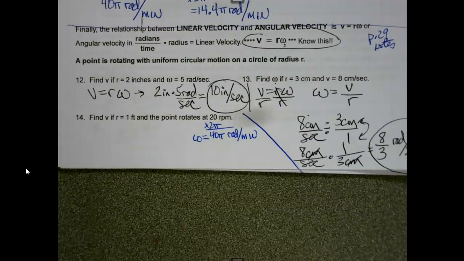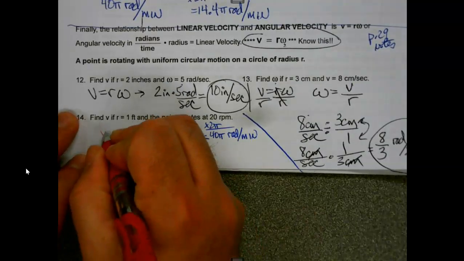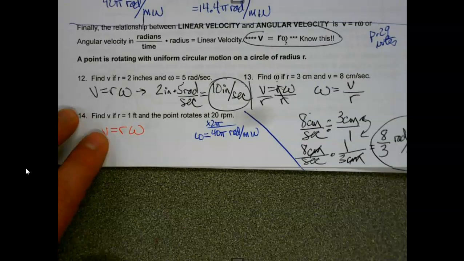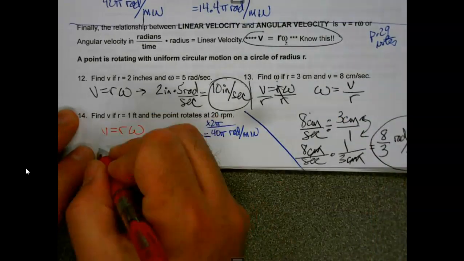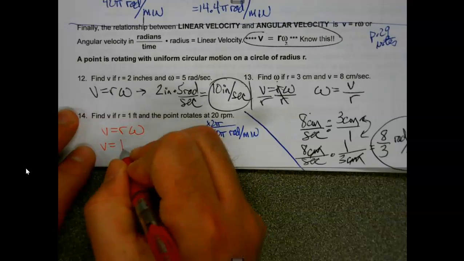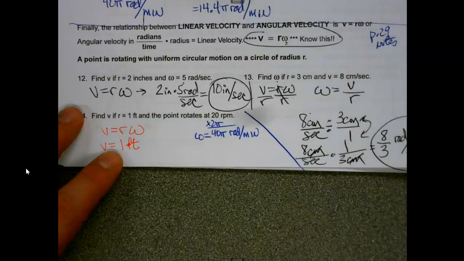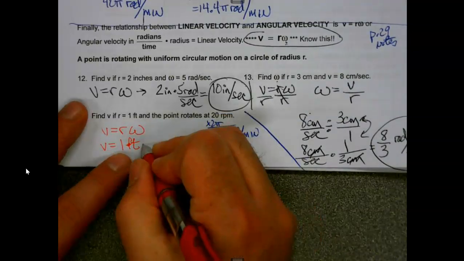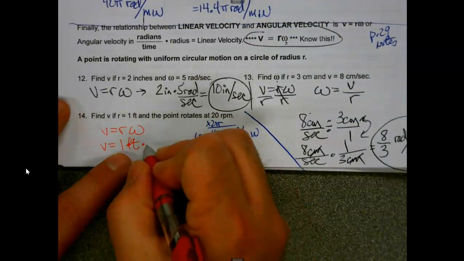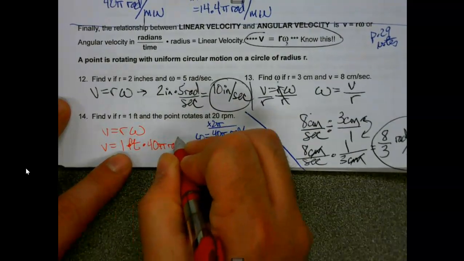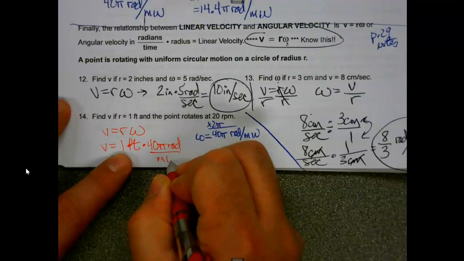So that's the one thing we're going to have to make changes on. Otherwise, the formula has not changed. If I'm looking for linear, nothing to mess with. My radius, 1 foot, get your label in there, times 40 pi radians per minute.